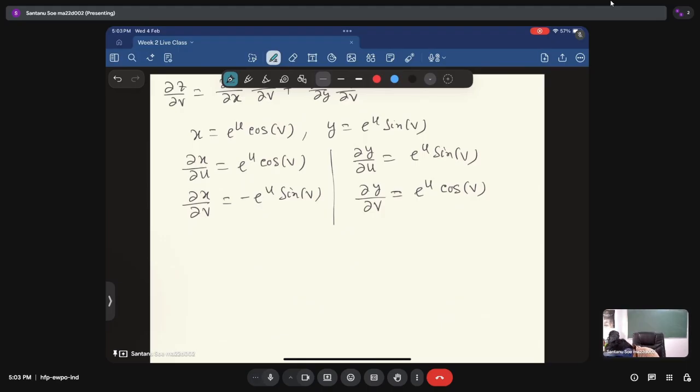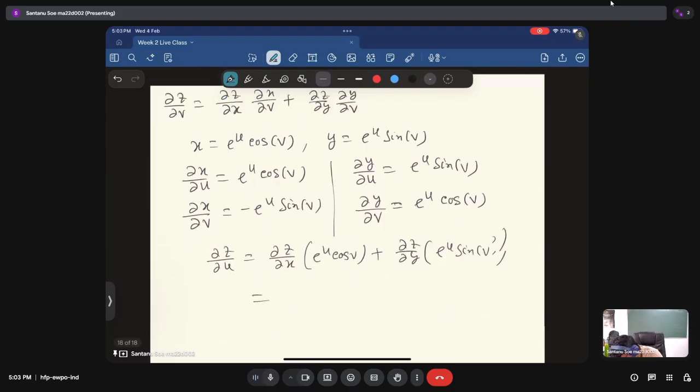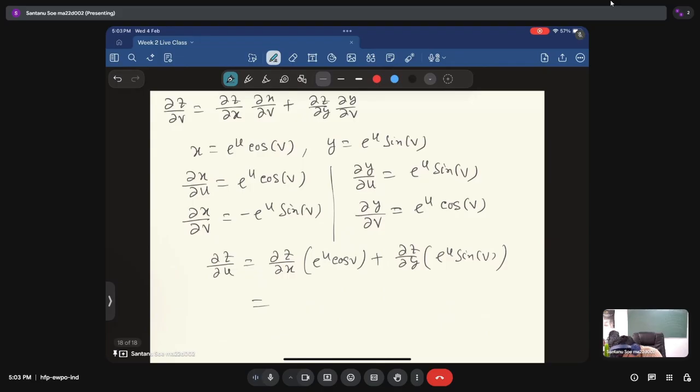So del z del u is del z del x into del x del u, which is e to the power u cos v, plus del z del y into del y del u, which is e to the power u sin v. Since e to the power u cos v is x and e to the power u sin v is y, this will be x zx plus y zy.